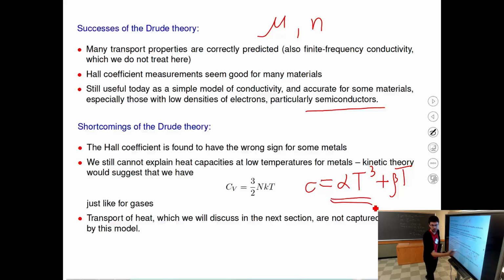And this linear term is what comes from electrons. However, if you keep thinking that electrons are just a gas of free particles and keep applying kinetic theory, then the thermodynamic side of that theory, not the kinetic or charge transport side like we talked about today, but the thermodynamic part will tell you that this is your heat capacity. And there is a large discrepancy between the measured beta and this one. Okay.